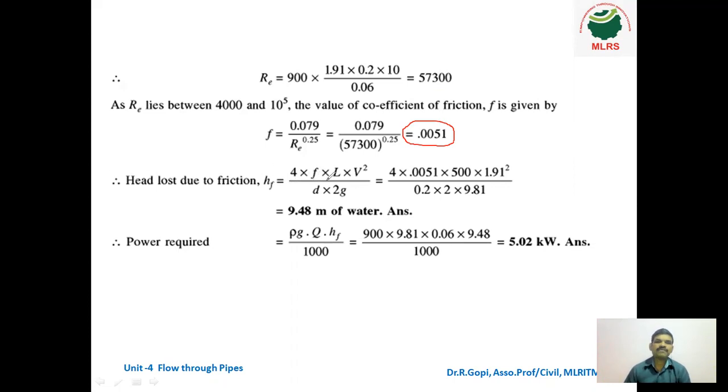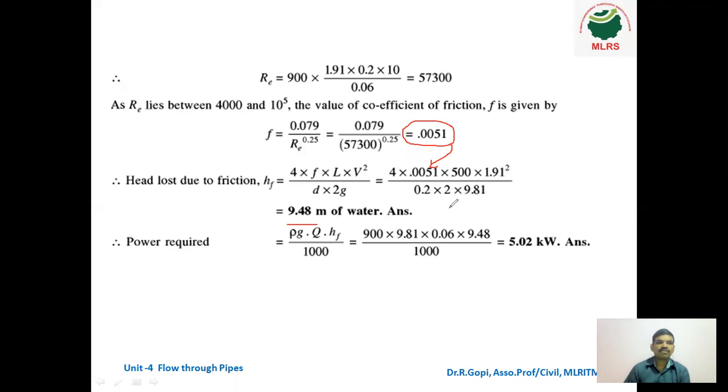Head loss due to friction is 4 f L V square divided by 2 g D. So 4 into f, substitute f here, and L is 500 meter, velocity we already calculated 1.91, divided by 2 into 9.81 into D, which is 0.2. So we got an answer of 9.48 meter of water.